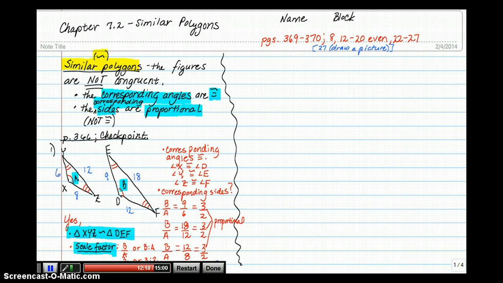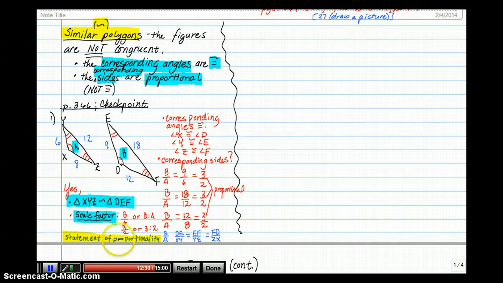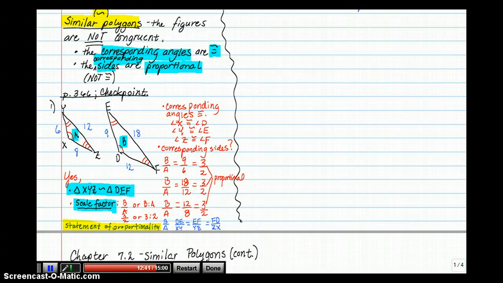Knowing that, you need to list all pairs of congruent angles, so which angles are corresponding and congruent. Then you need to write the ratio of the corresponding sides in a statement of proportionality. And I'm going to draw your eyes down here. Here's a statement of proportionality on this left side at the bottom of the page. That's how you write it, a statement of proportionality. There's a fair number of steps to that one. Not hard, but a number of steps.